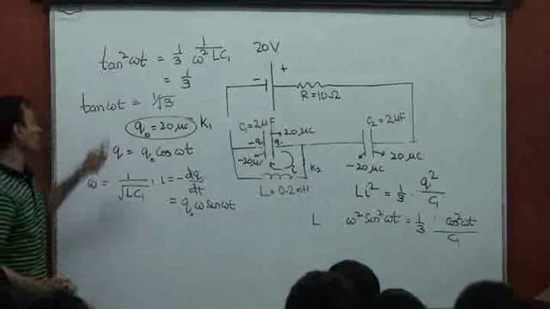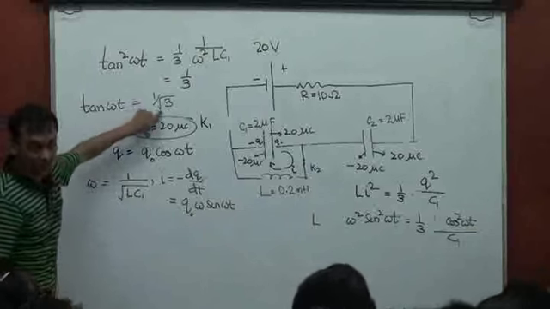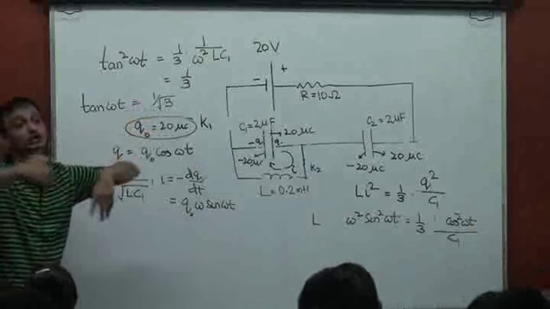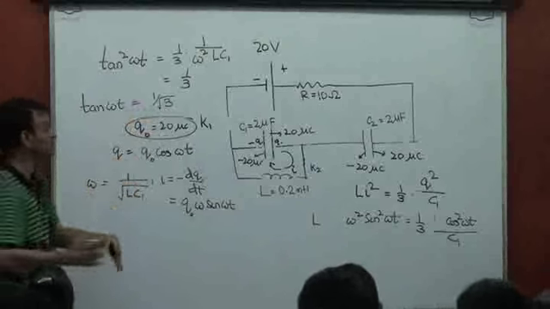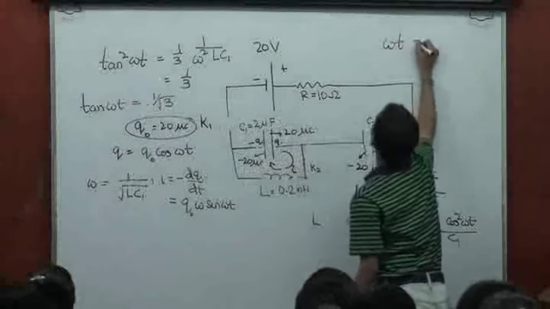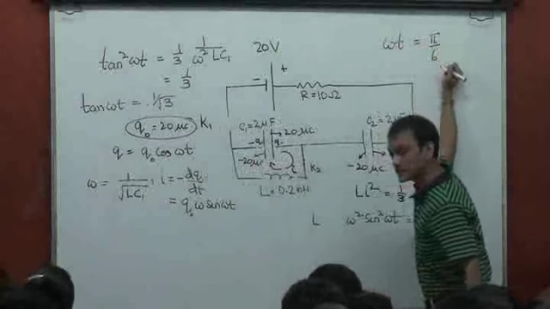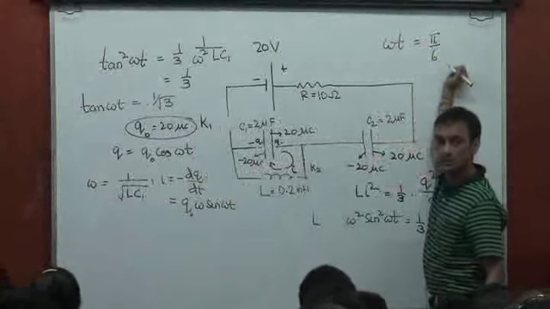There are many values of t for which tan omega t is 1 by root 3, but the shortest value of t can be obtained when I take omega t as pi by 6, 30 degrees, right?